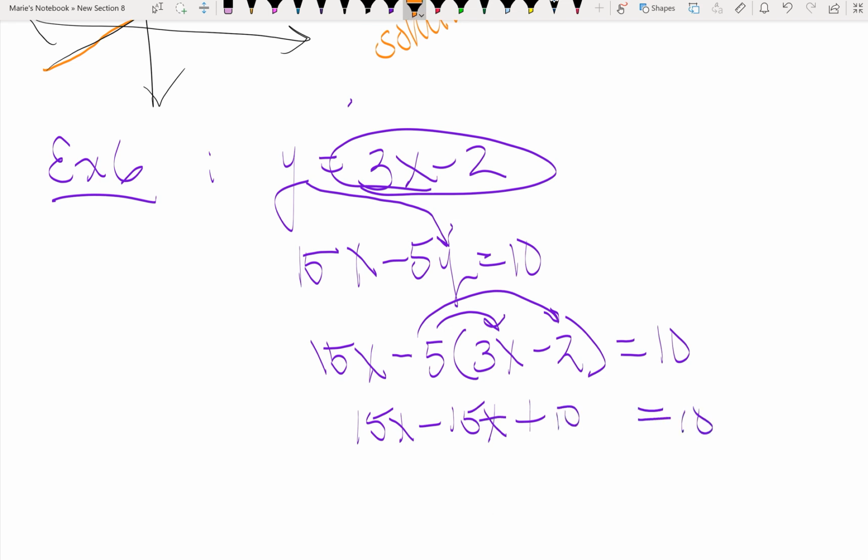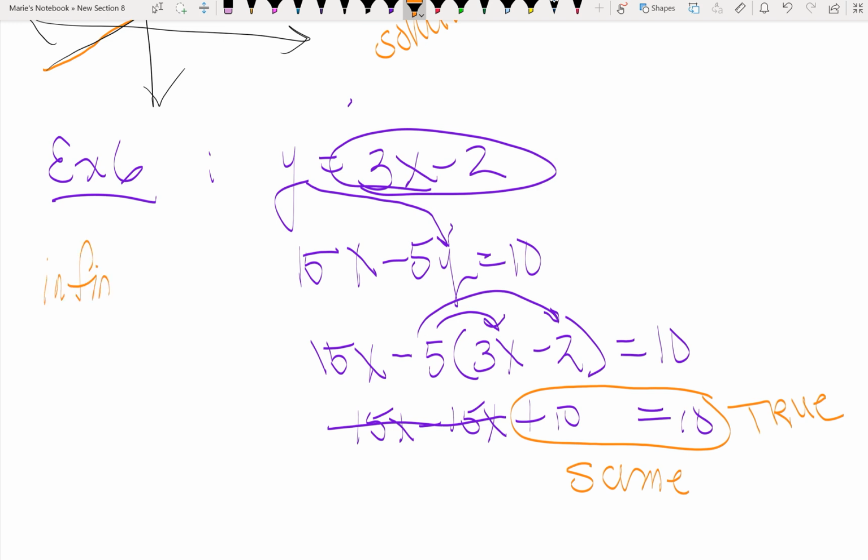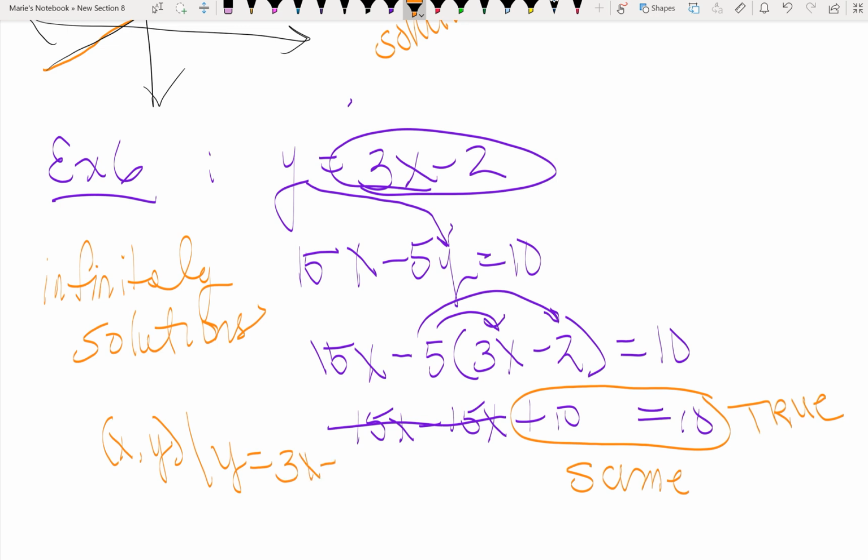So guess what happens to these two guys? They go away. Is this true? Is 10 equal to 10? Yes. You notice that they are the same on the right and the same on the left? That's how you know to answer that there are infinitely many solutions. And so for this one, you would say the values of x and y are in the set where y is equal to 3x minus 2.